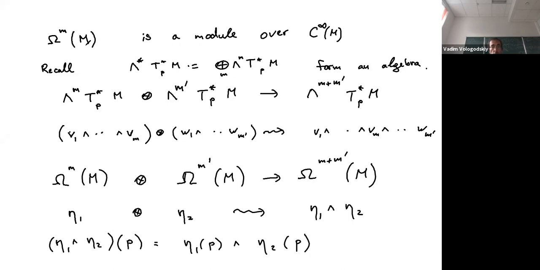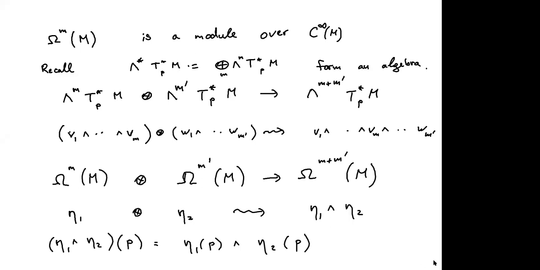So this is not just a vector space. If you consider differential forms of all degrees, it's an algebra, and it's a module over functions. In fact, functions are zero forms, so multiplication by a function can be interpreted as a special case of this operation when m is zero.